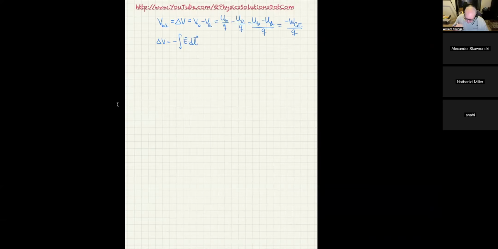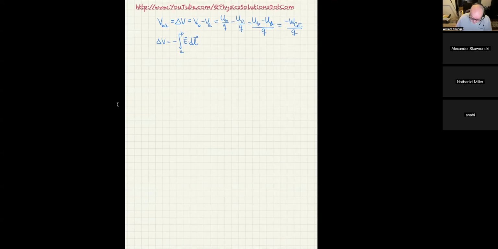So notice what happened by dividing by Q. Remember, we had the work was equal to Q times E dot dl. And when I divided by Q, that got rid of that Q. So now I have delta V is equal to the negative integral of E dot dl, and that's an integral from A to B. Okay.